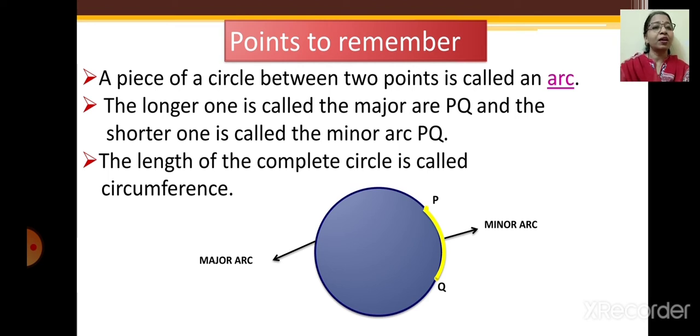So that part or that piece of circle is known as arc, right? The longer one is called major arc and the shorter one is called minor arc. So the arc shown by yellow color is shorter, so it's a minor arc, and the remaining part is called major arc. And the length of the complete circle is called circumference of the circle.